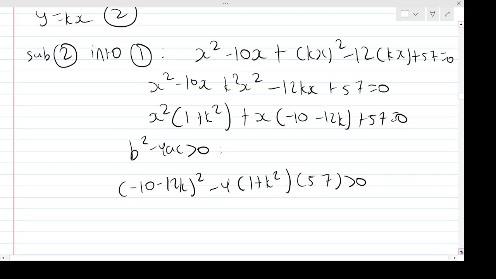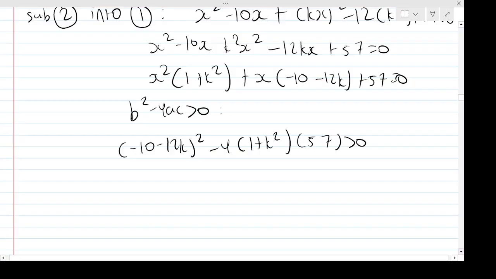So again, this looks like a bit of a mess, so really we need to expand this. It might be an awkward bracket to expand, so let me do it separately here. Minus 12k minus 10 times minus 12k minus 10. If I expand it, firstly minus 12k times minus 12k would be plus 144k squared.